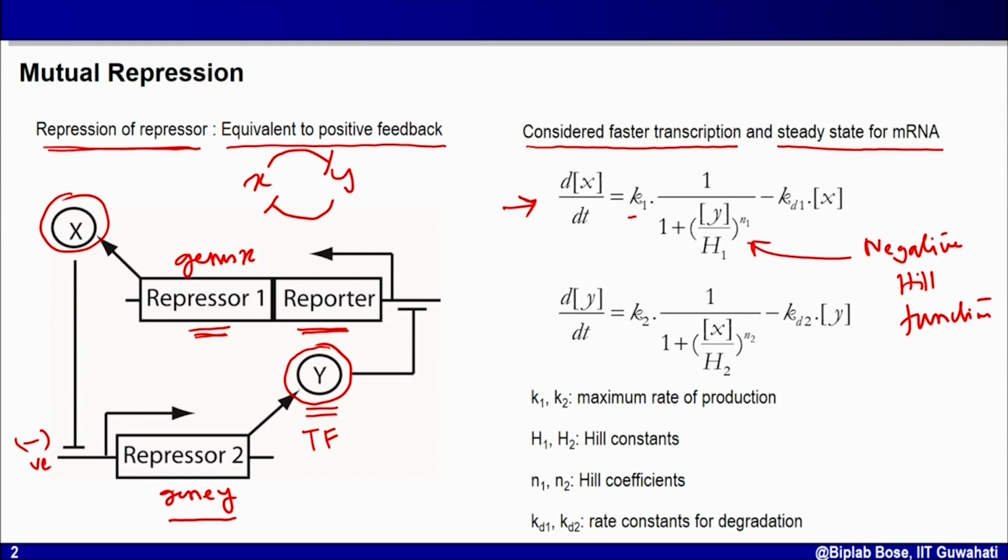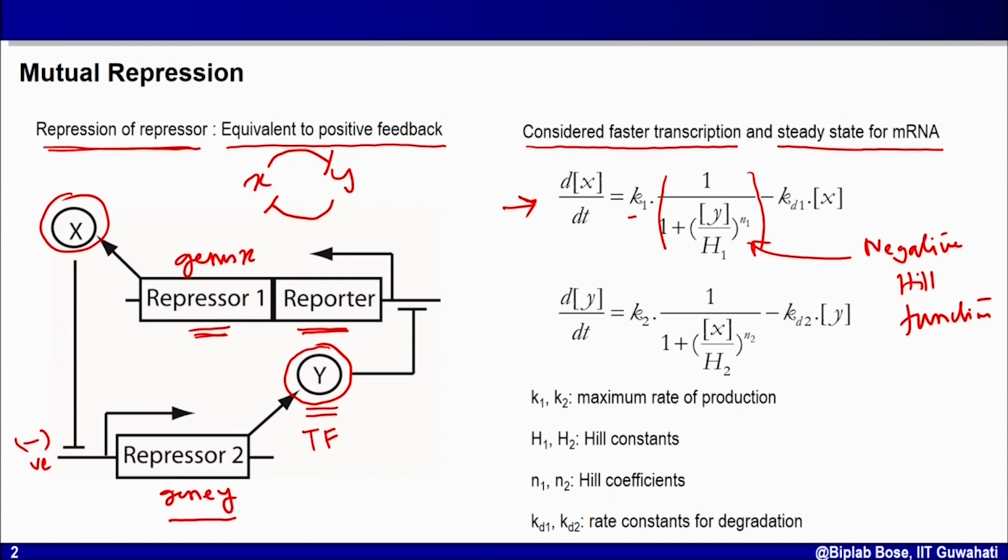And if you remember, a negative or inverse Hill function is a very good option to model this type of system. So what I have used here, I have used an inverse Hill function to represent the inhibitory effect of Y. Next term in the ODE is minus Kd1 into X. Kd1 is the rate constant for degradation of X.